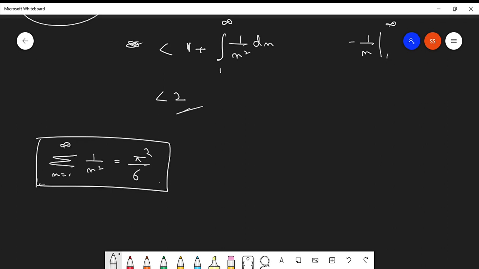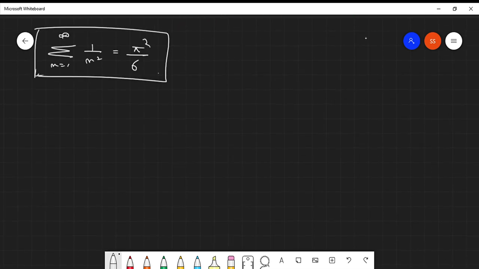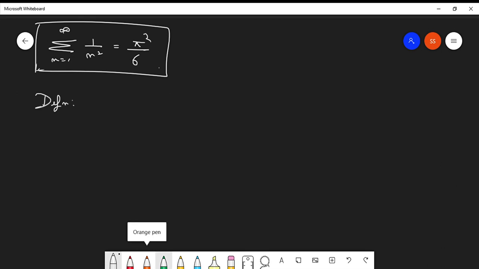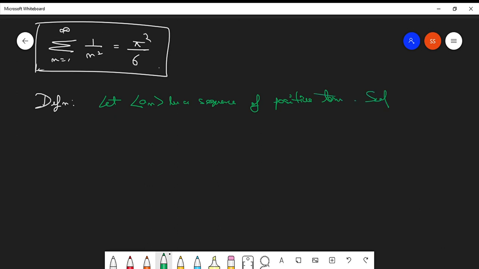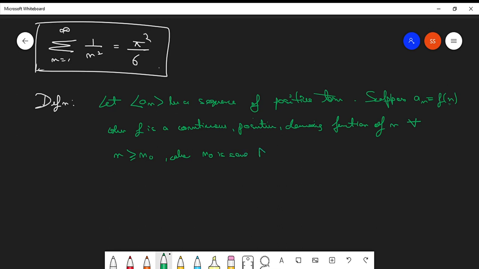So if we go through the statement of what the integral test is, it seems something like this. The definition says: let an be a sequence of positive terms, suppose an, which is obviously equal to f of n, where n is a natural number, and f is a continuous, positive and decreasing function of n for all n greater than or equal to n naught, where n naught is some natural number.